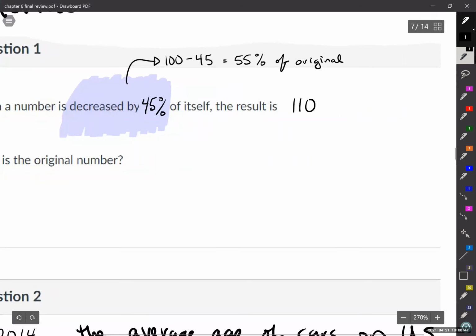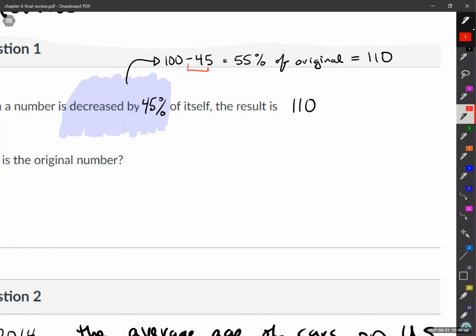Now, whenever we take 55% of the original price, the result is 110. So we're not taking 55% of 110. That's the result after we took 55% of the original. Now, before we go forward, does it make sense why we had to translate this decrease by 45% to immediately take away from the whole?